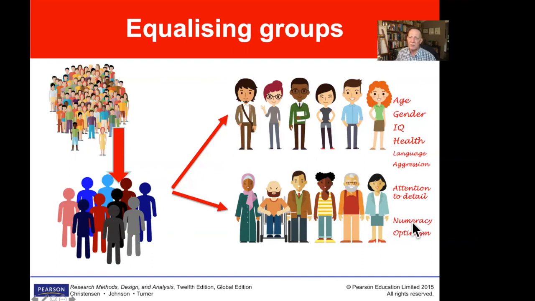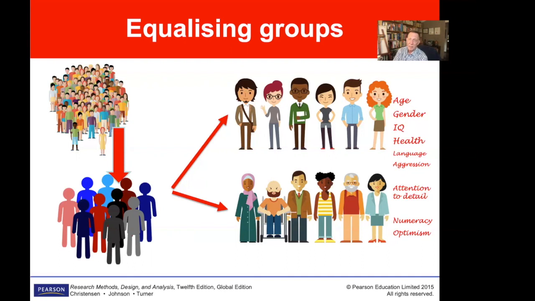Numeracy skills might be one, levels of optimism might be another one. It all depends on what you would like to achieve with the experiment. So all the extraneous variables that I can't see or know about should be distributed equally between the different treatment groups. It is crucially important to have the control group equal to the other groups.